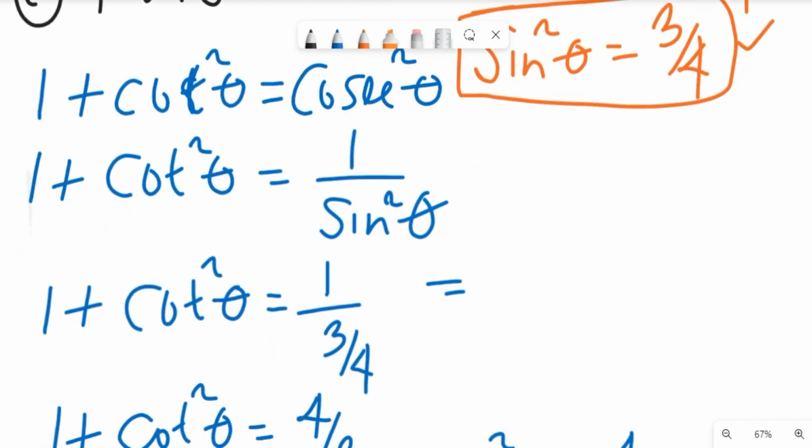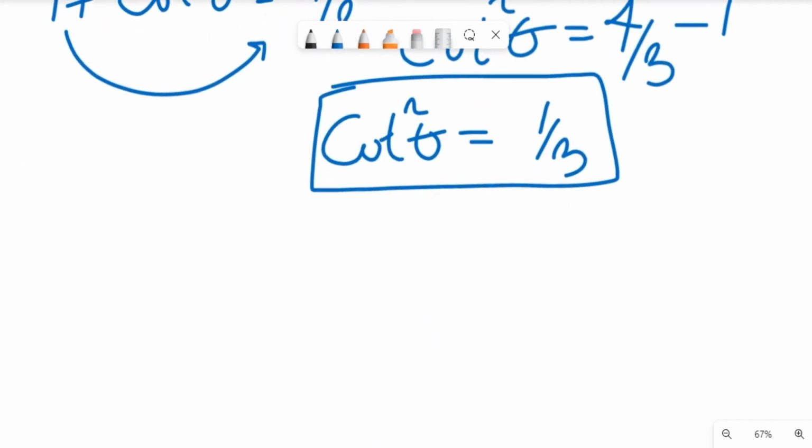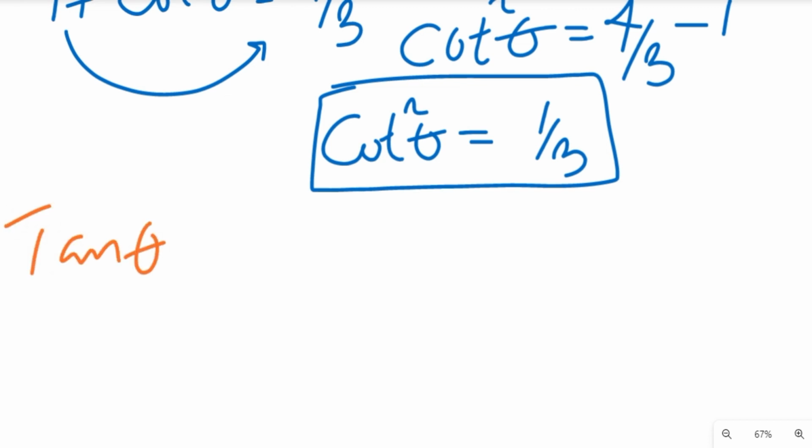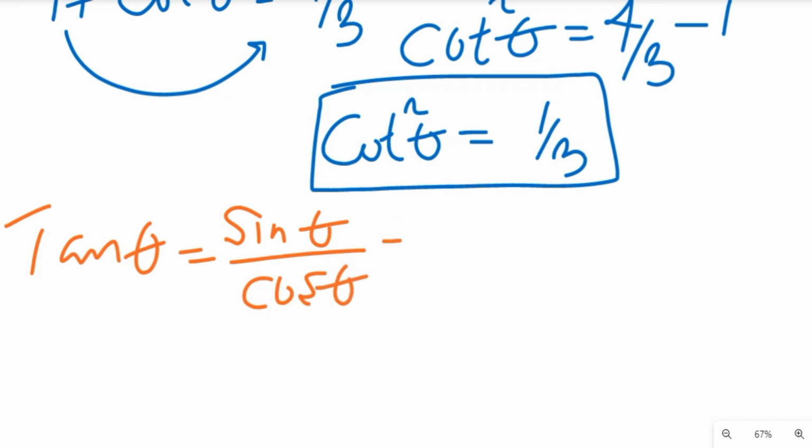Third one, we are asked to look for tan theta. Now we know that basically tan theta is equal to sine theta divided by cos theta. And what do we have as our sine theta?